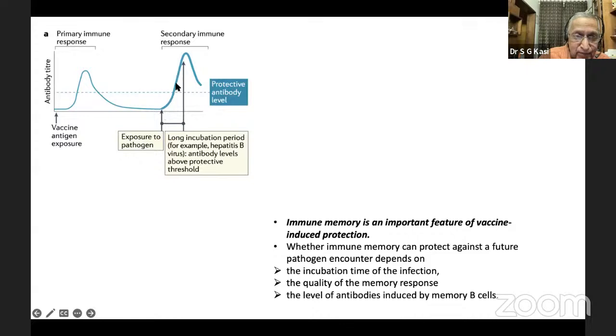This rise in antibody titers reaches the protective levels long before the incubation period of the disease is complete. So in these cases, you don't have to give boosters and don't require persistence of protective antibody titers. So diseases with long incubation period, there is no need for boosters.